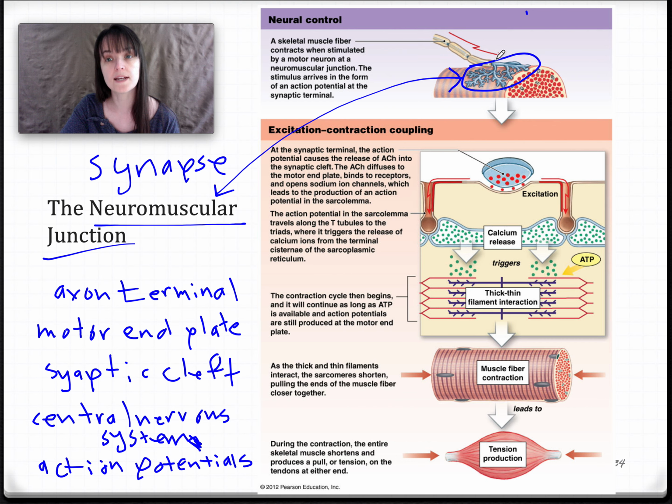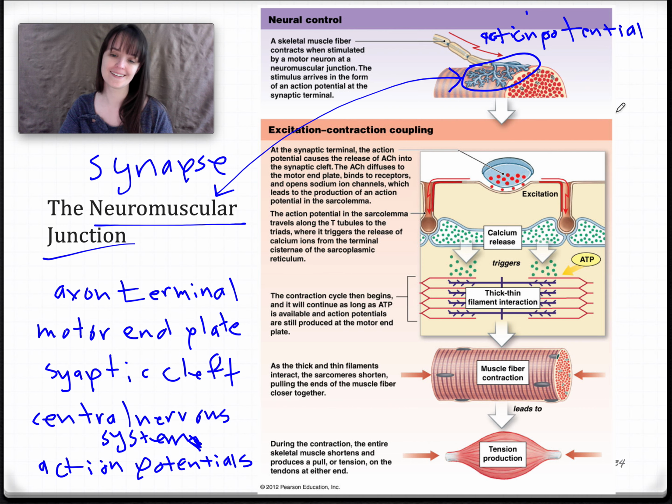So this red little lightning bolt here is going to represent the action potential.